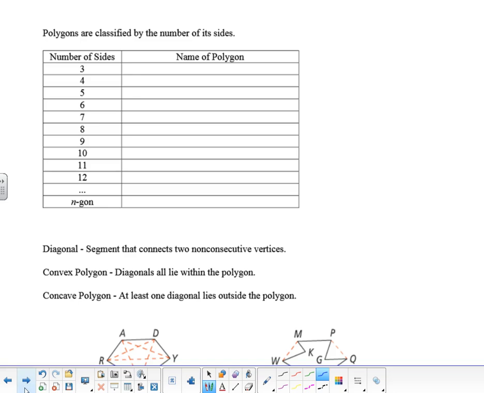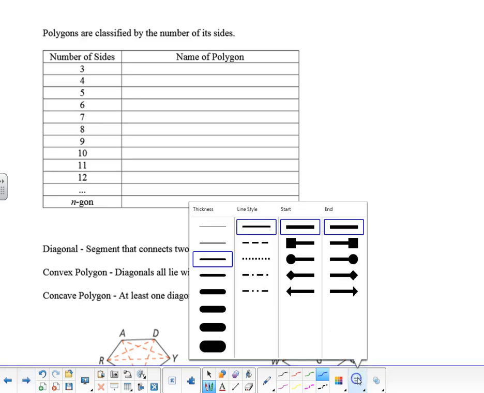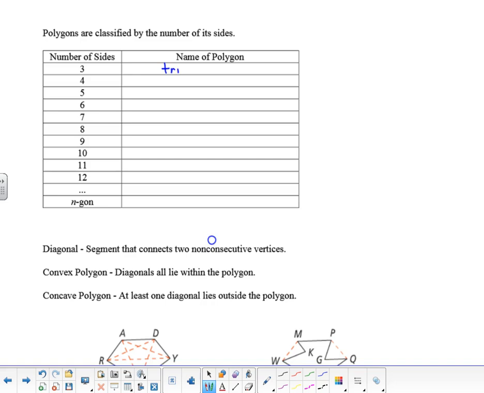As we turn the page, polygons are classified by the number of sides. And so we want to think about what these are called, and it'll be important for us to learn these as we go along. A 3-sided polygon we call a triangle, tri for 3. 4-sided is a quadrilateral, 4 sides.